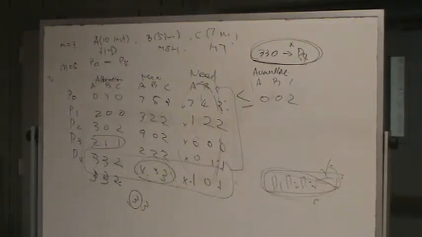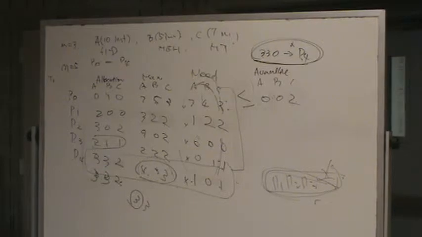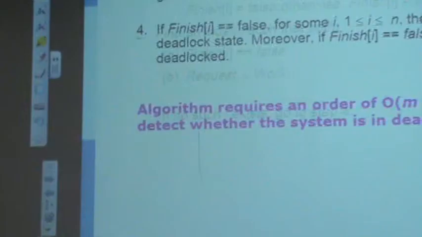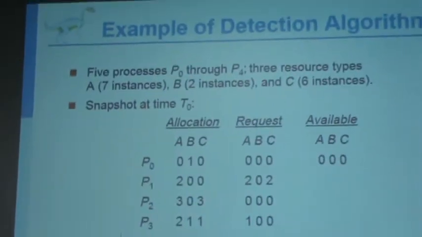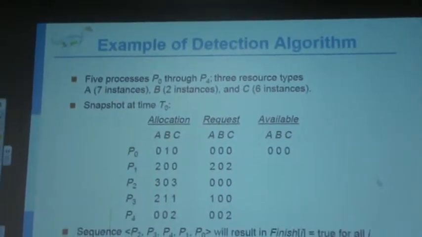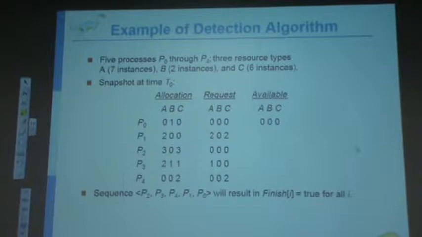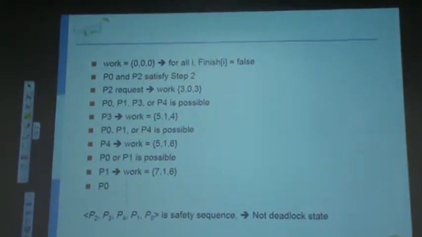You can use the same idea as the banker's algorithm, using available, allocation and request to run the safety algorithm. It's the same thing, so I don't have to explain it again.